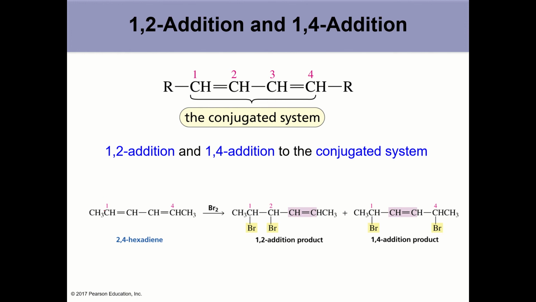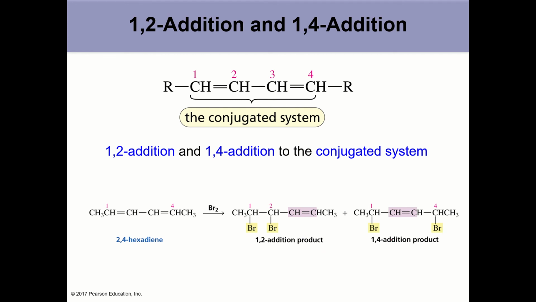Okay, so for example, for 2,4-hexadiene, we don't number the terminal carbons because we're not worried about them. We're only going to number the pi carbons. And so the first pi carbon is labeled as 1 and the last pi carbon is 4. This produces our two products, with bromine adding to carbons 1 and 2, or bromine adding to carbons 1 and 4.